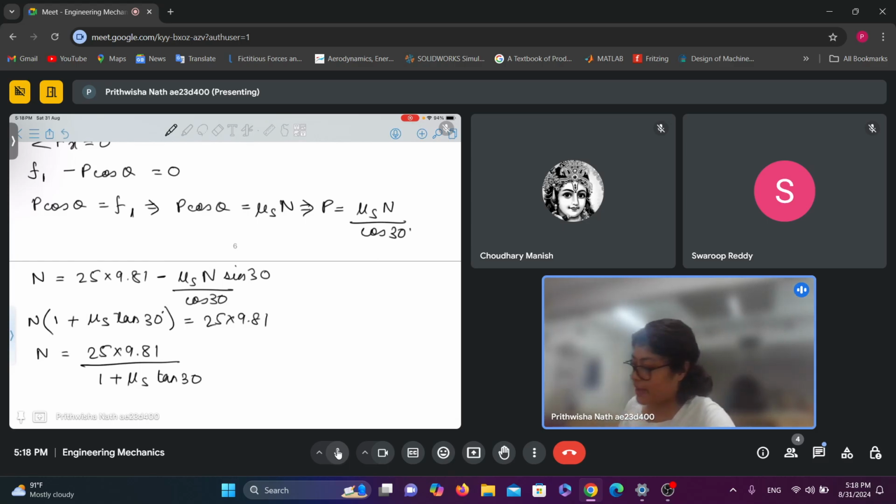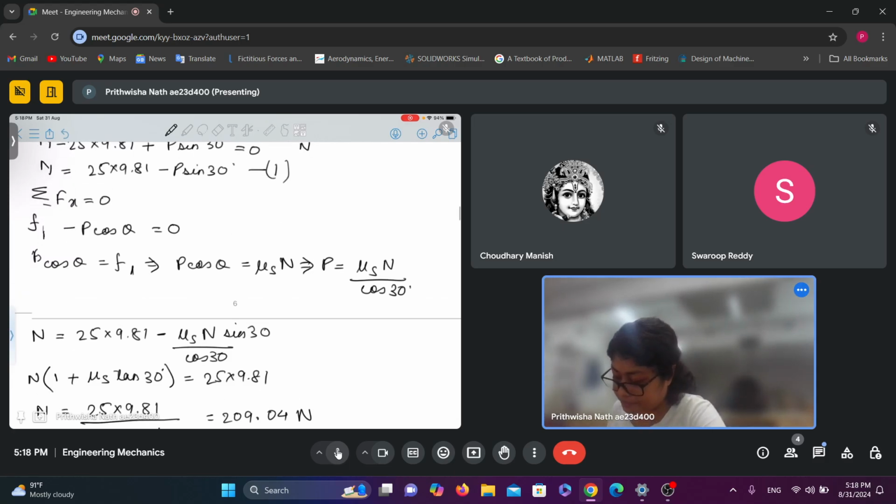So can you tell me what this value is? It's 209.04 Newton. Up till here, is there any doubt?